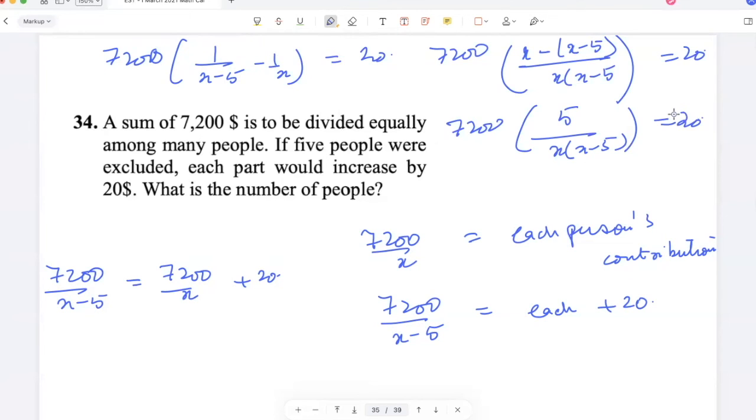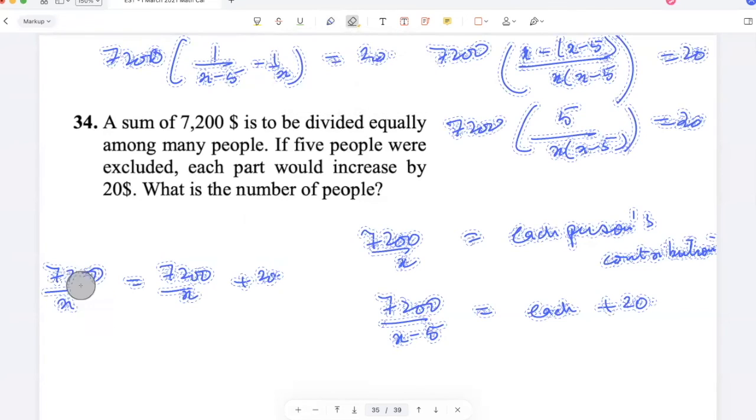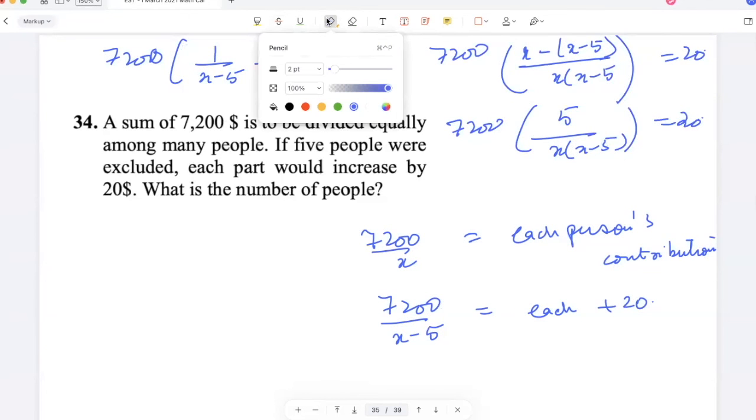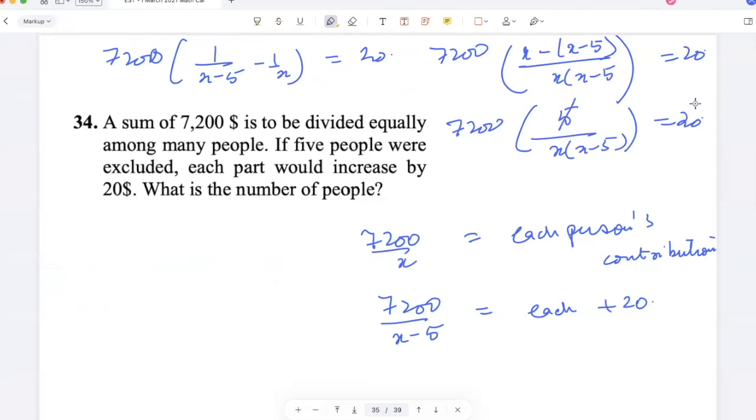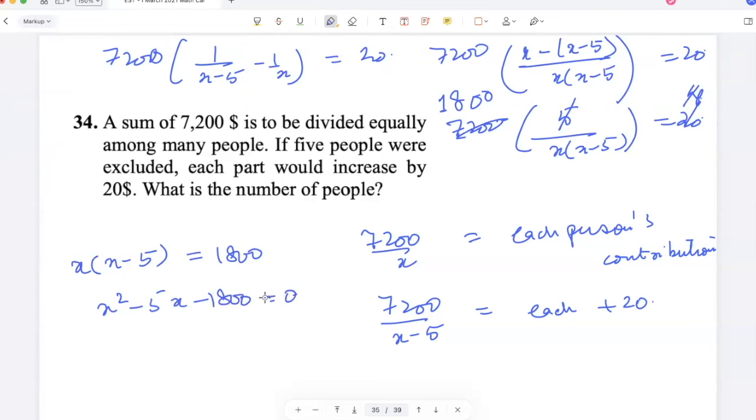So now I can get a quadratic. So let me first cancel this. 5 into 4, 20. And 4 into 1,800. So X times X minus 5 is 1,800. So X squared minus 5X minus 1,800 is 0.